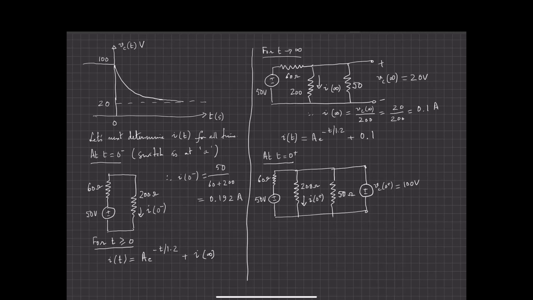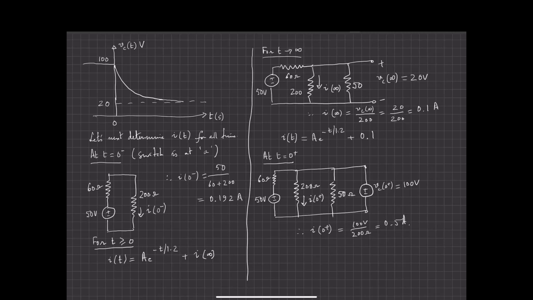Once I know that, the problem is over. I at 0 plus is simply 100 volts over 200 ohms, which gives me 0.5 amps.